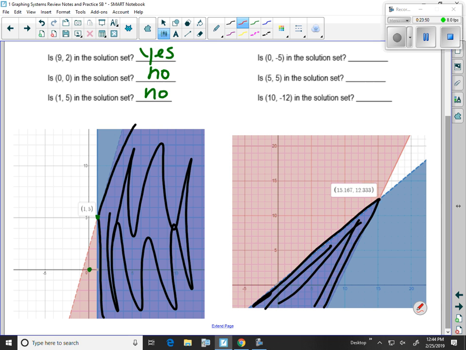Yes. Okay, now, you would have to scroll down, so you should be looking at Desmos. Yes, it is in there. What about 5, 5? No, that's only in the red. And what about 10, -12? No. So 10, -12 would be all the way down there.